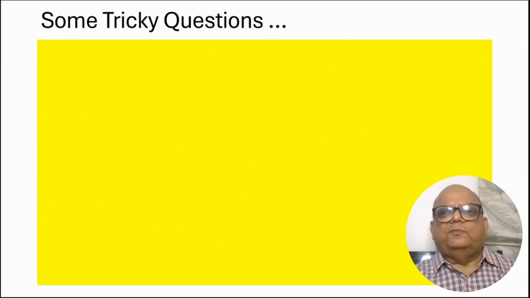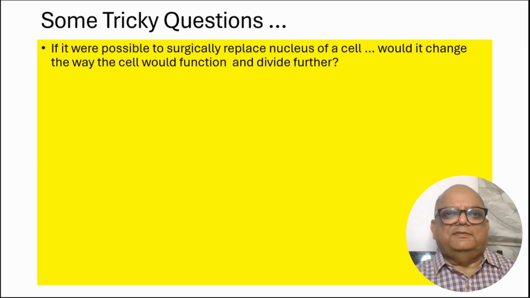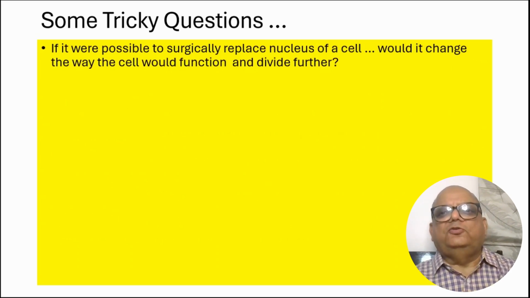And that brings us to some tricky questions which we can attempt to answer. If it were possible to surgically replace the nucleus of a cell, suppose we isolate the nucleus of a cell and plant it into another cell, would it change the way the cell would function and divide further?